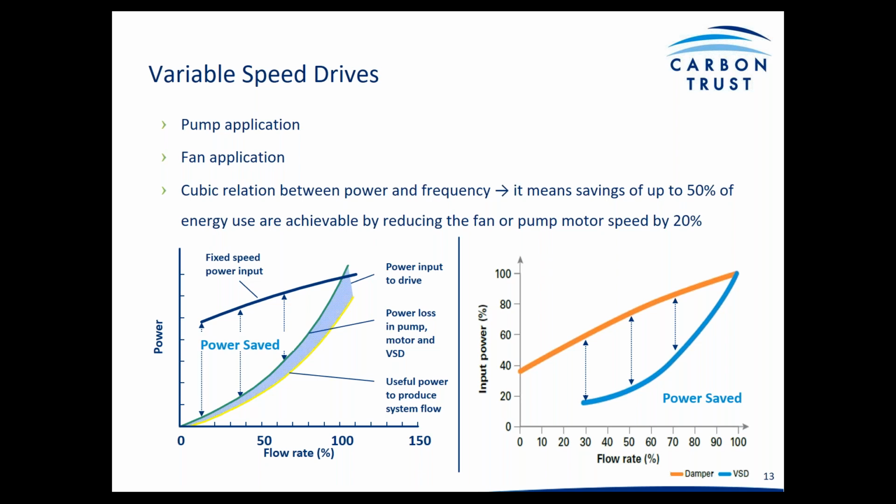It works in the same way, whether it's a pumping system or a fan system, as you can see on the right hand side. Even on fan applications, you can save an important amount of energy by reducing your flow rate by 20-25%.